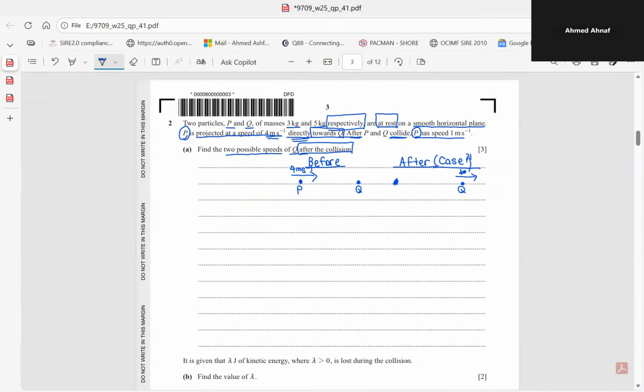No, Q can go this direction, then P can also follow behind. So this is 1 meter.